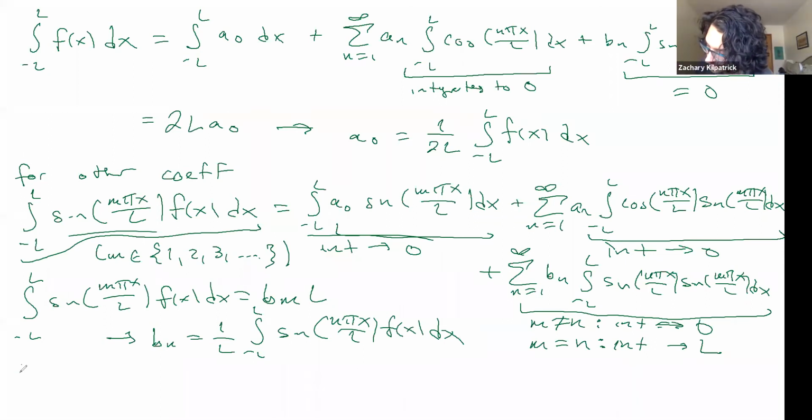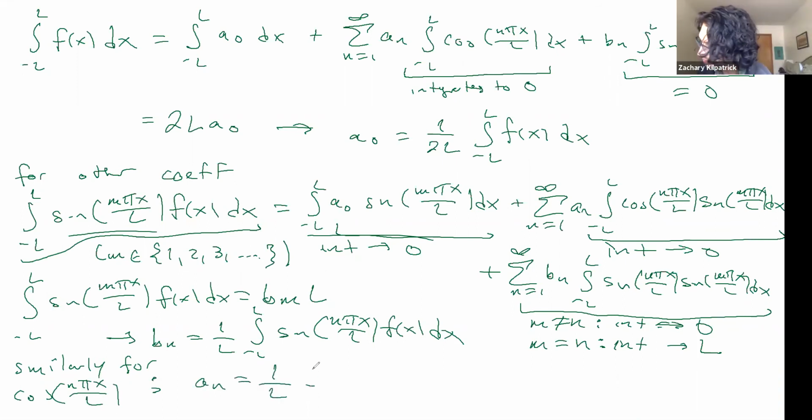Lastly, okay, similarly for cosine of n pi x over L, we can write down an is equal to 1 over L integral from minus L up to L of cosine n pi x over L f of x dx, okay?